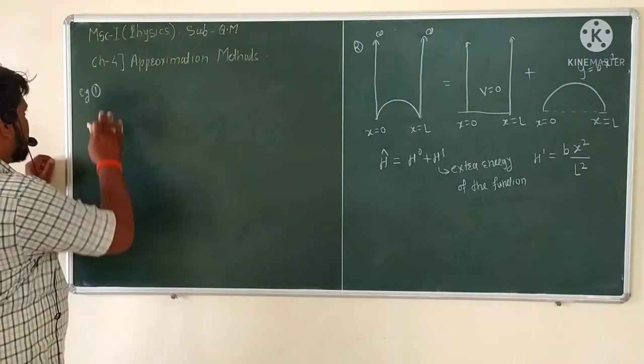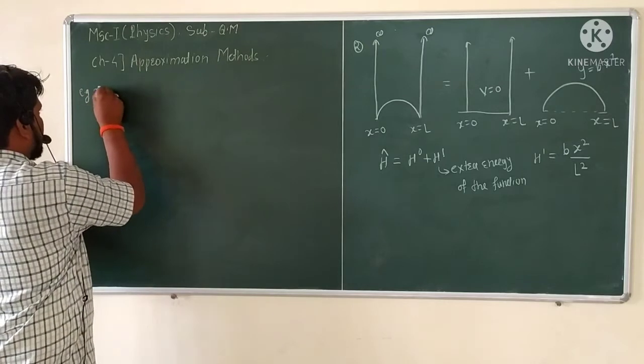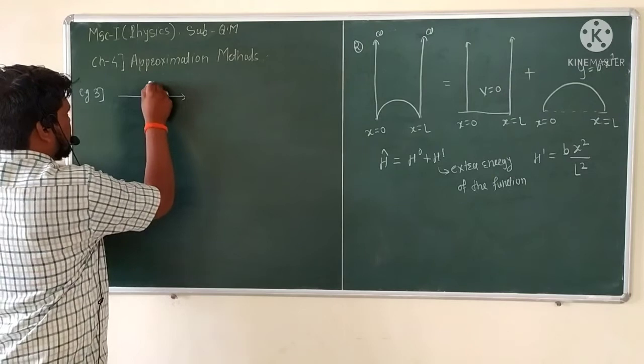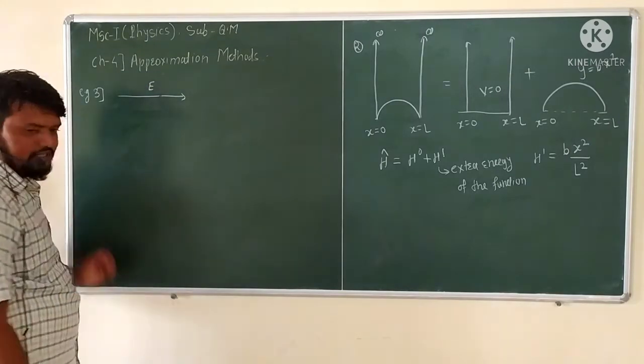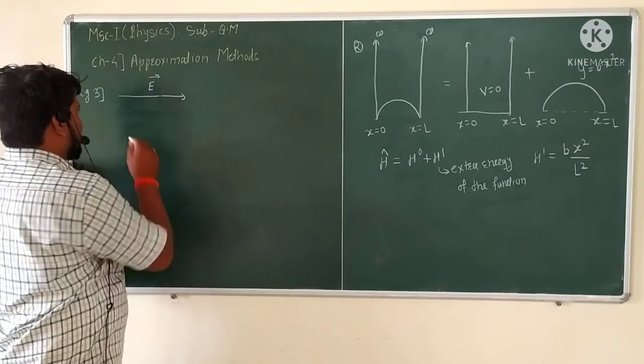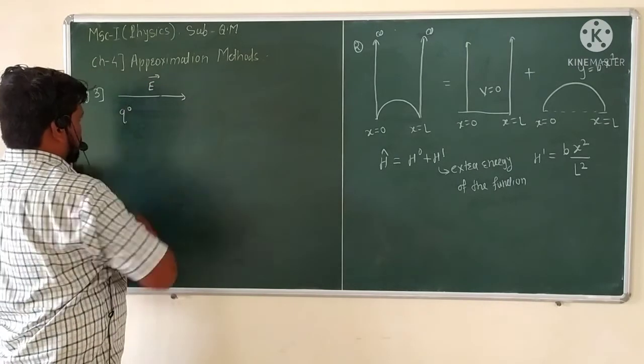So see the next example, this is example number three. This is the electric field, considered as E bar, and the moving charge is considered as Q naught.